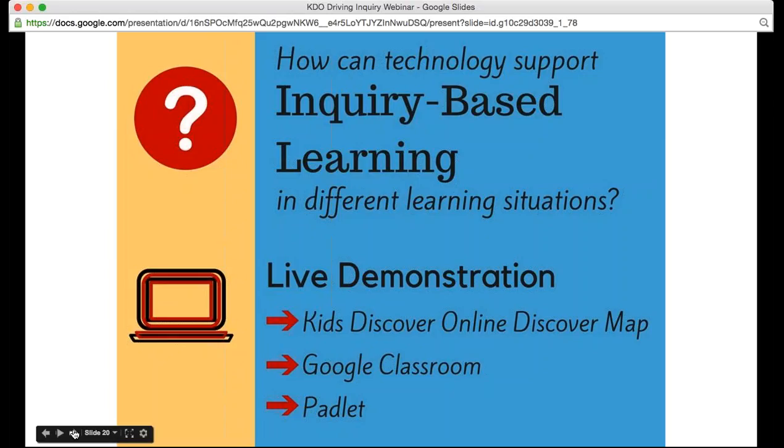We're also going to take a look at how other platforms that teachers might be using, such as Google Classroom, Padlet, or maybe other online platforms, how they integrate with Kids Discover Online, and also an inquiry-based approach. So I'm just going to take a moment to switch my screen. So in a moment, you're going to see the Discover map.